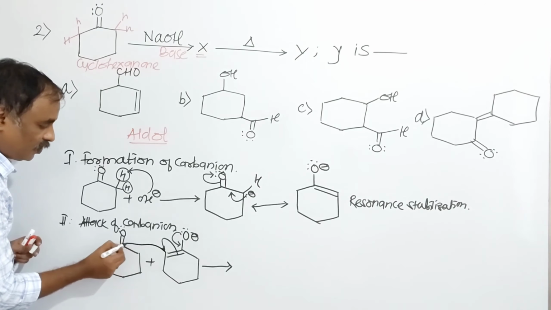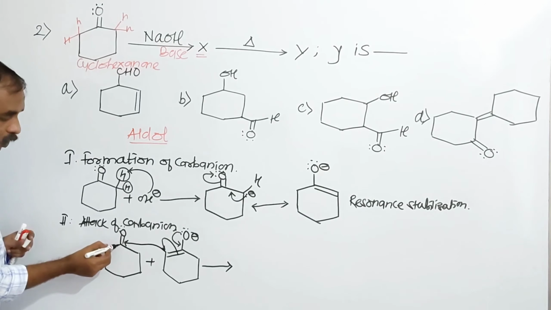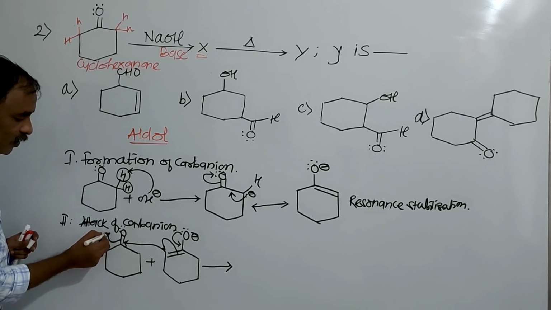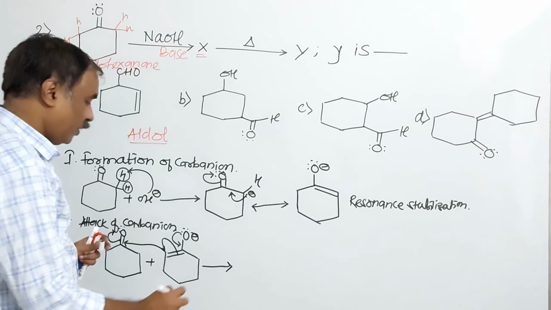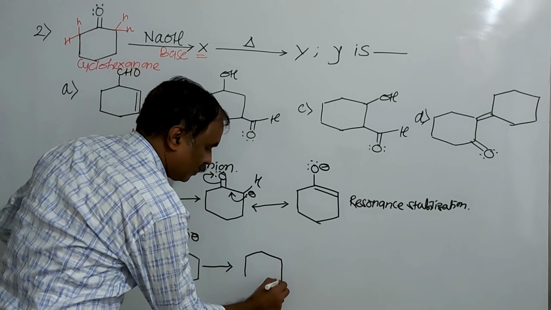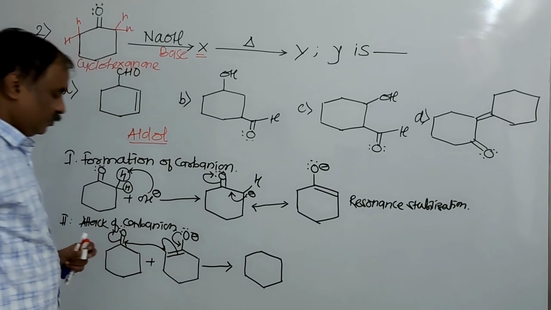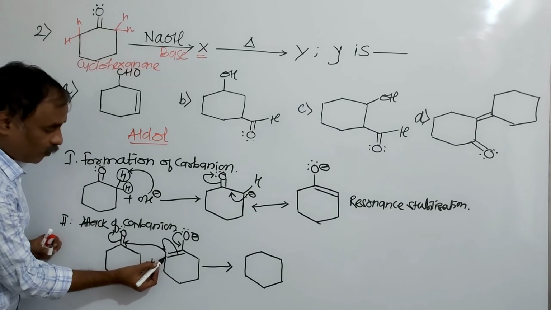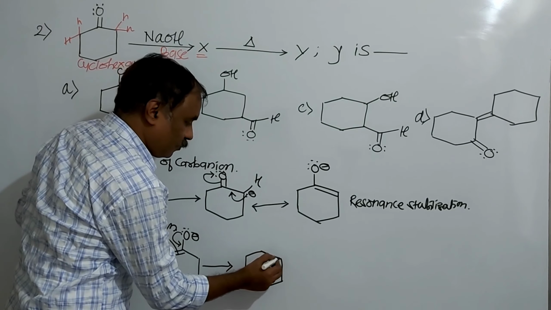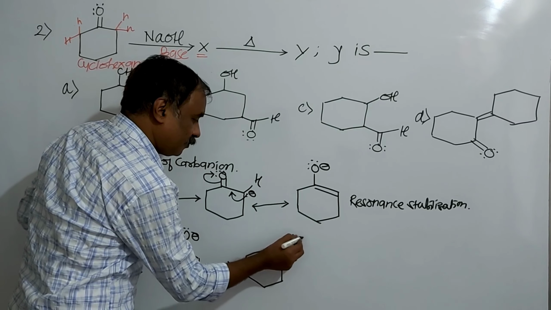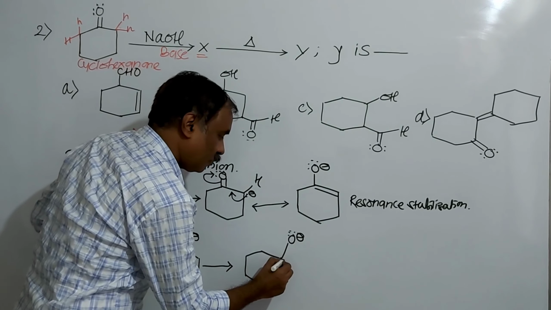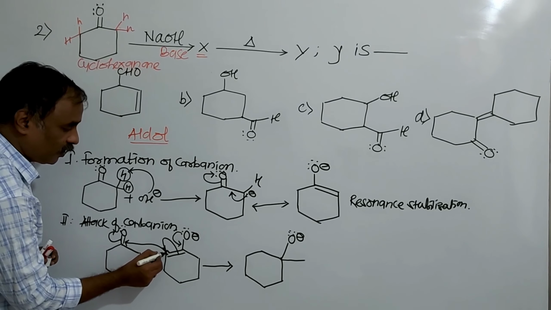So the carbanion attacks this carbon. The total number of bonds to this carbon will be 5: 1, 2, 3, 4 and a new bond 5, so the pi bond breaks and electrons shift like this. Here is the formation of a new carbon-carbon single bond between these two carbons, and this is O minus.